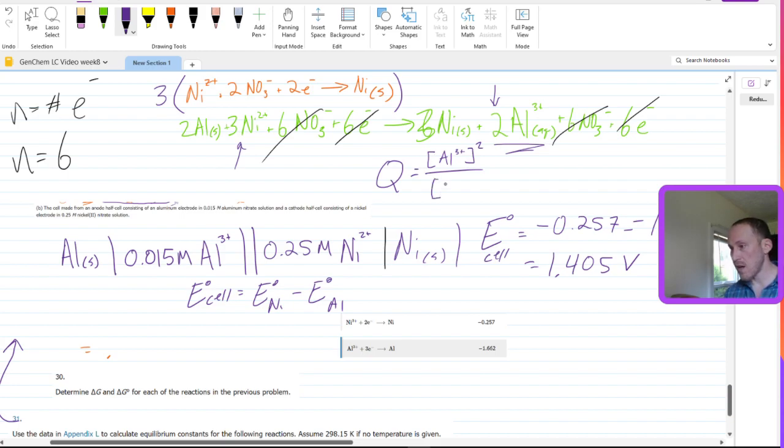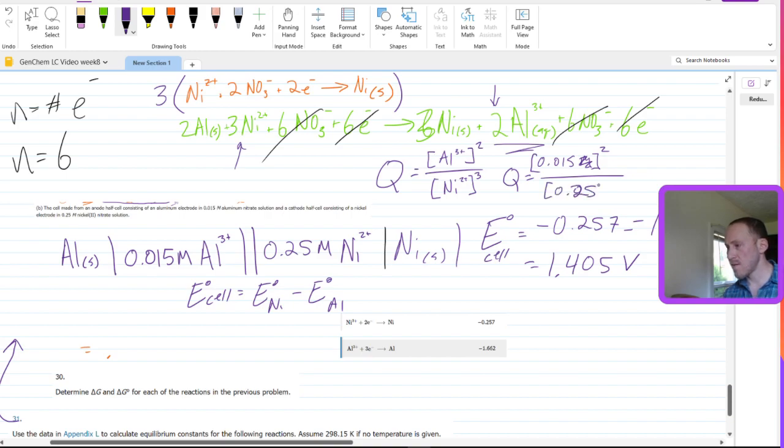So over here, we're going to have the product ion, 2 plus, for that concentration cubed. So we are given that the aluminum is 0.015 molar, and these units end up getting canceled out by convention. We could take an extra step to do that, but we're just going to not.